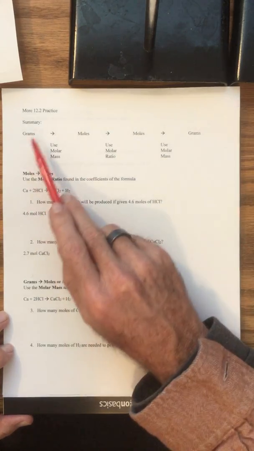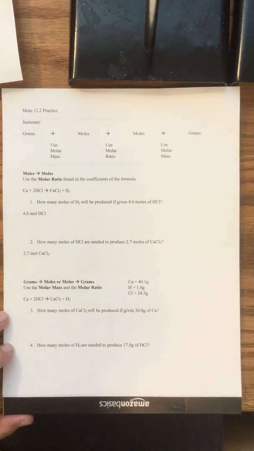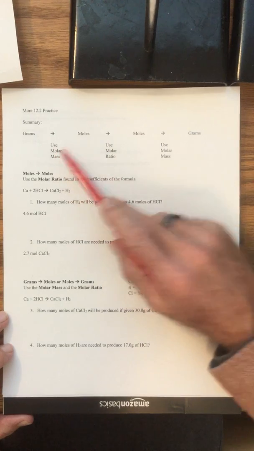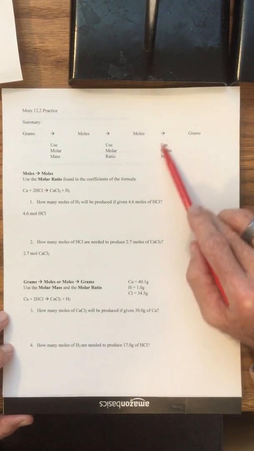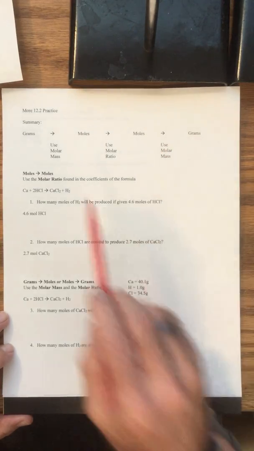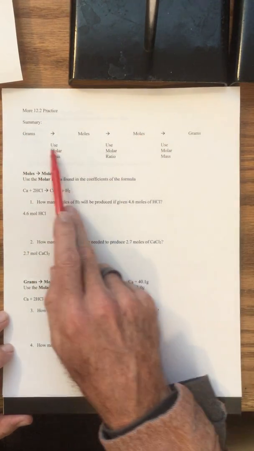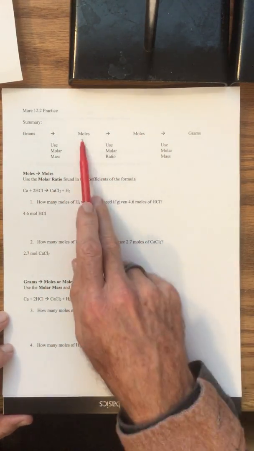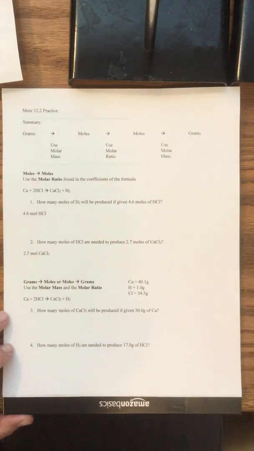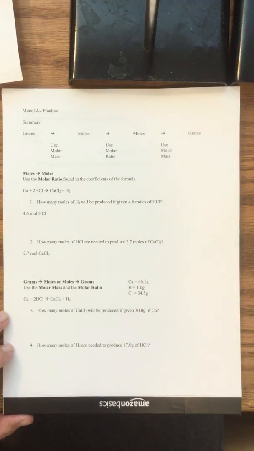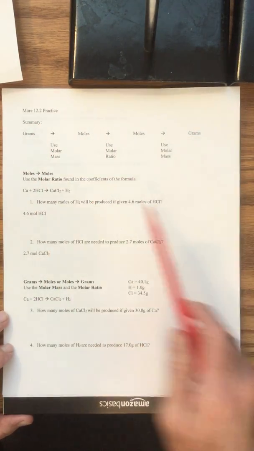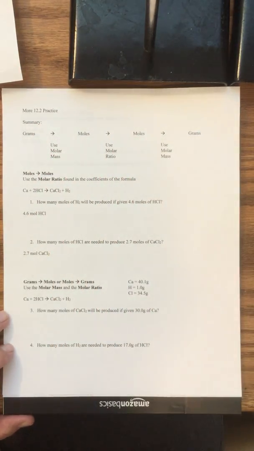If you're converting from grams to moles, this is just one step like we did in chapter 10, using the molar mass. Converting from moles to grams is also one step, using the molar mass. However, going from grams of reactant to grams of product, or grams of product to grams of reactant, you're going to have to use all three steps.